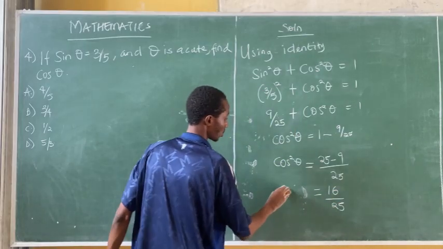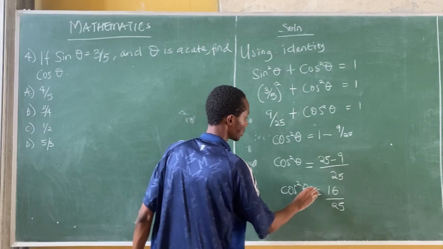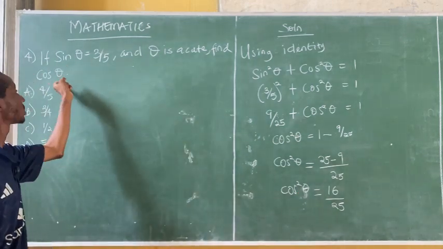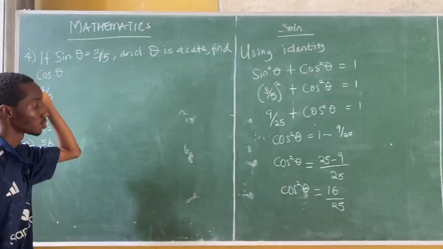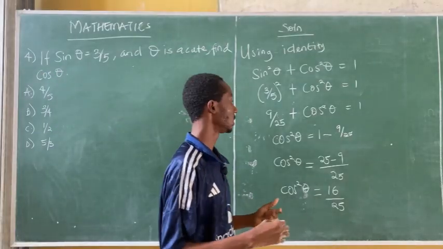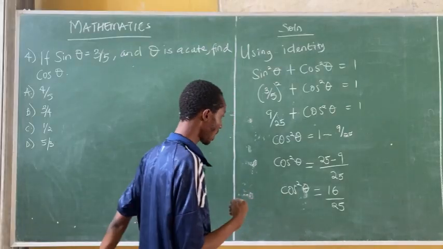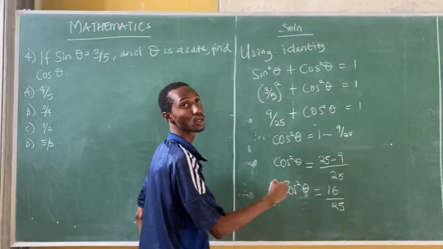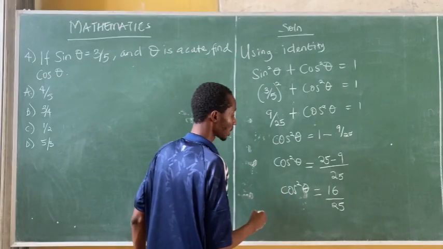25. Cos square theta. We are not done with this because the question said find cos theta if theta is acute. So they did not say find cos square theta, they say find cos theta if theta is acute. What we have here is cos square theta. For us to take away this square, we take the square root of both sides.